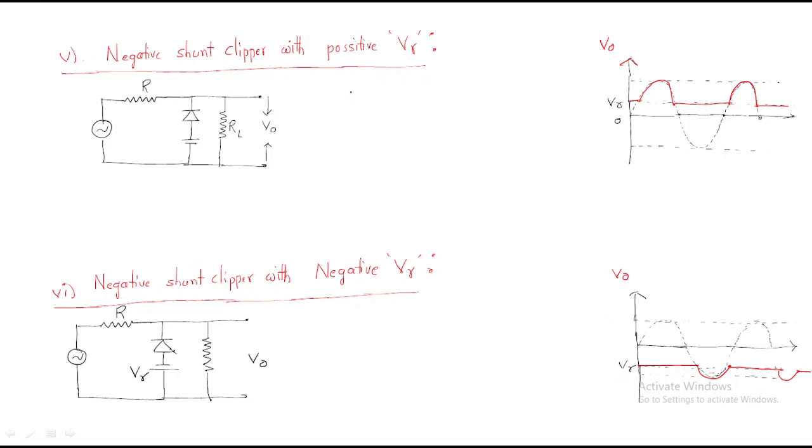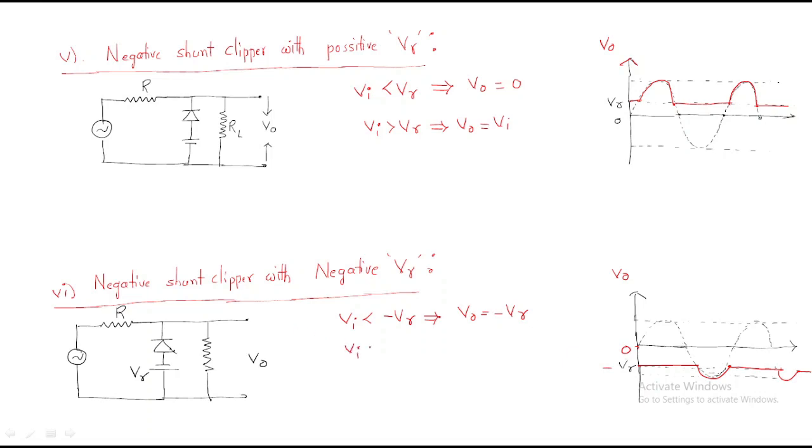Here, for input voltage less than VR, the output voltage will be 0. If the input voltage is greater than VR, the output voltage is nothing but equal to the input voltage. Here we can write the equation: if the input voltage is more than minus VR, then the output voltage is equal to minus VR, because this is the minus, this is the 0.